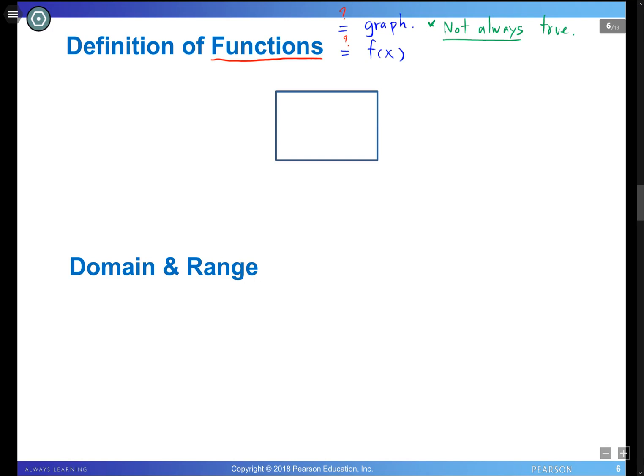I think this is very important, so I'm going to put this on the left-hand side with a box. Okay, function from now on is a transformation to everyone here. Function equals transformation.